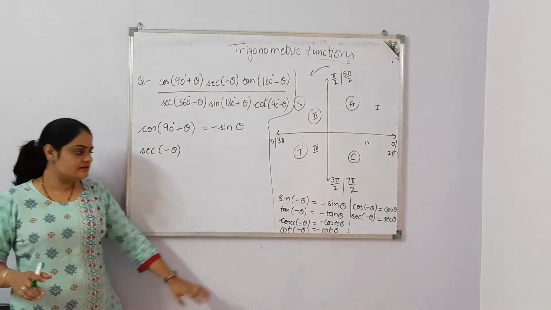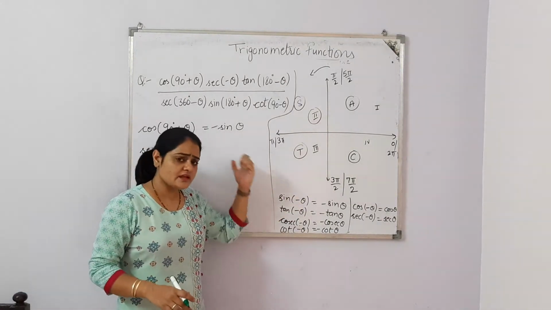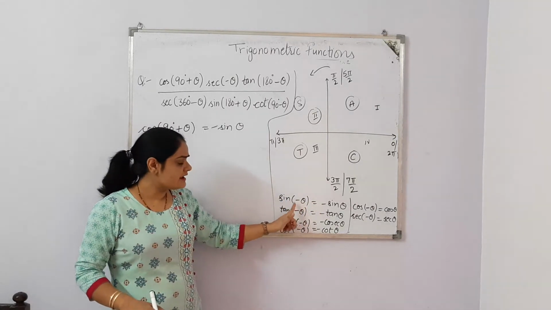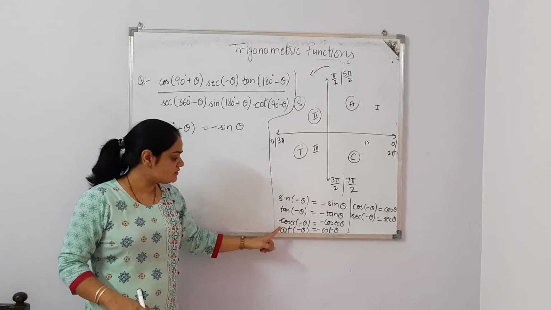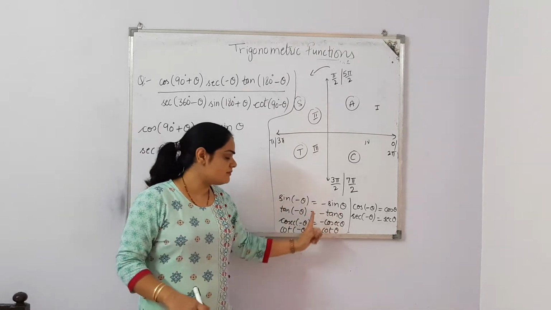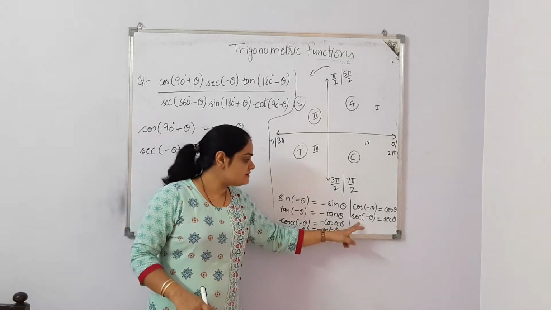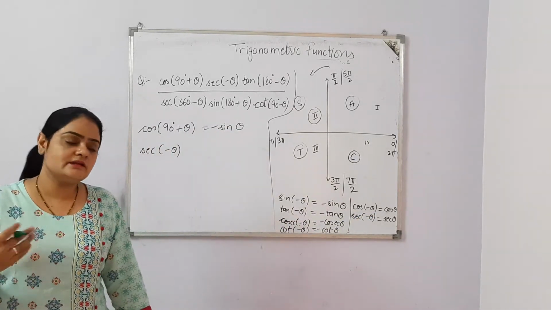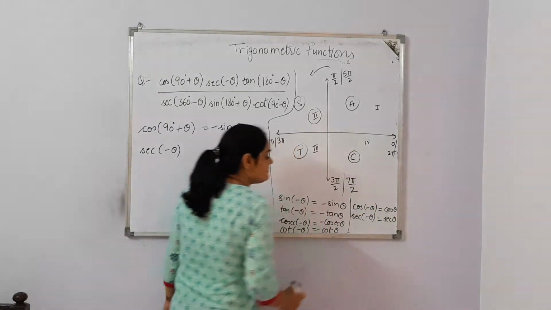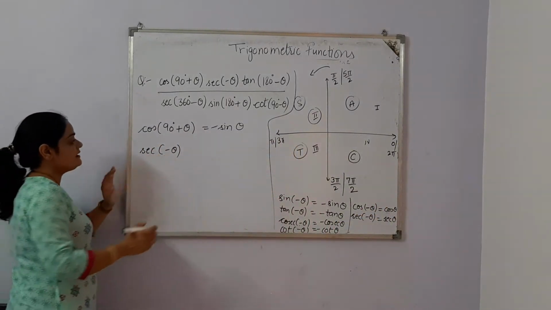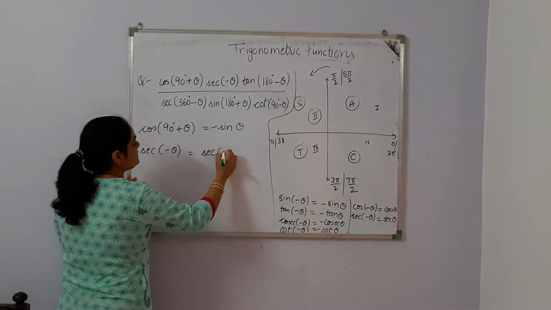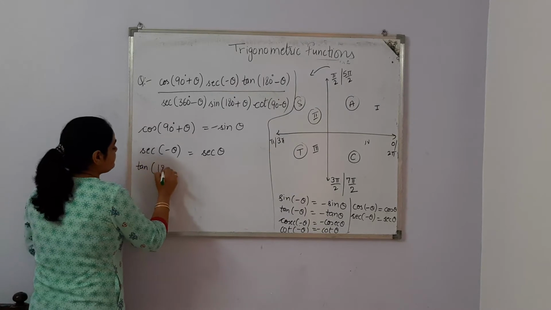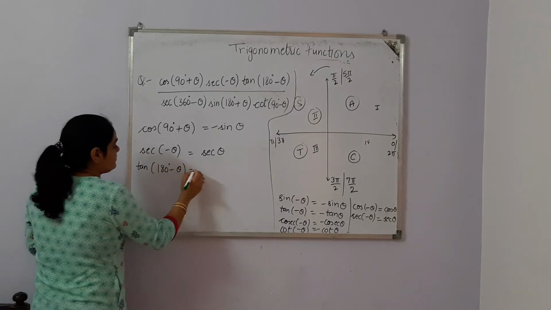We already learned this thing. If you are confused, then remember this again. Whenever the angle is negative and comes along with sine, tan, cosecant and cot, the negative sign will come out. But in case of cos and secant, the negative angle consumes the negative sign and it becomes positive cos theta and positive secant theta. So secant of minus theta is secant theta.